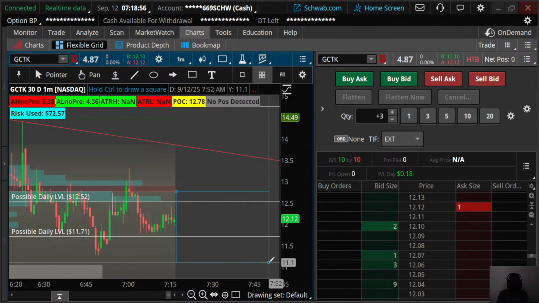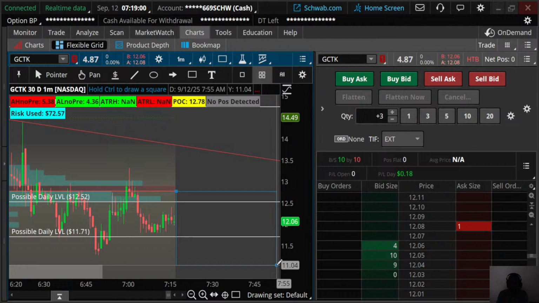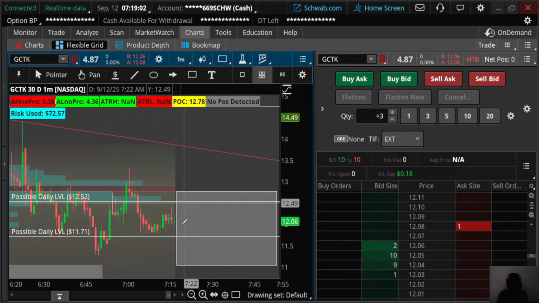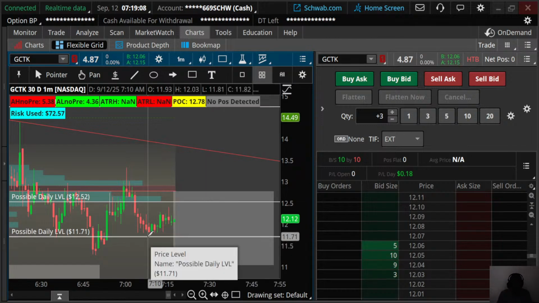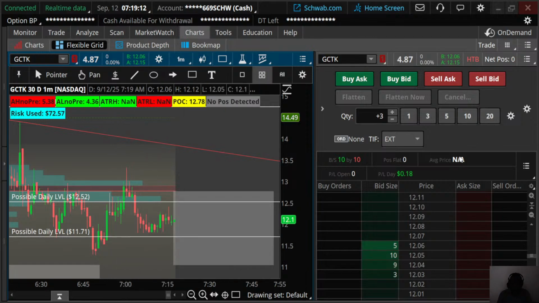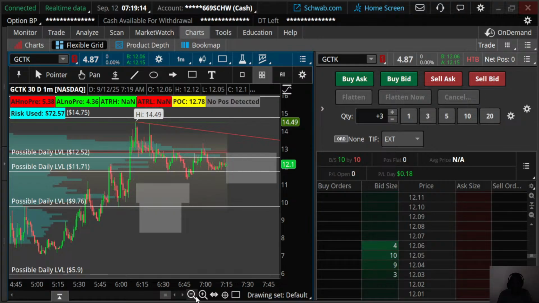That is a long, oh boy. That's a long point of control zone there. I guess it's got to choose a side, I guess. Kind of like them to be a little bit tighter.